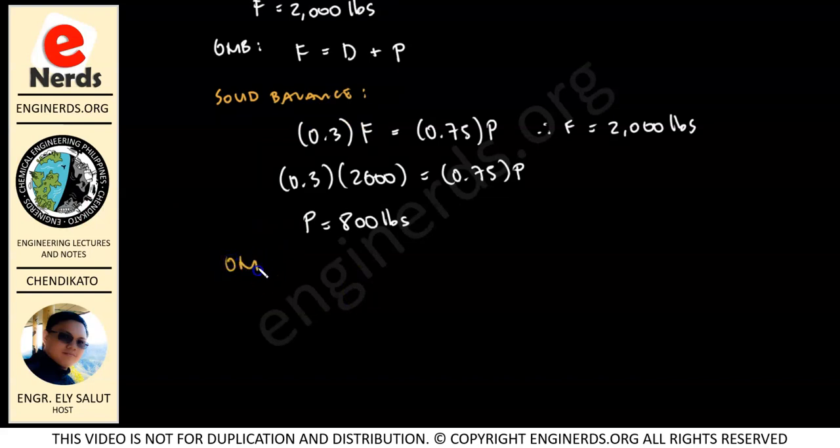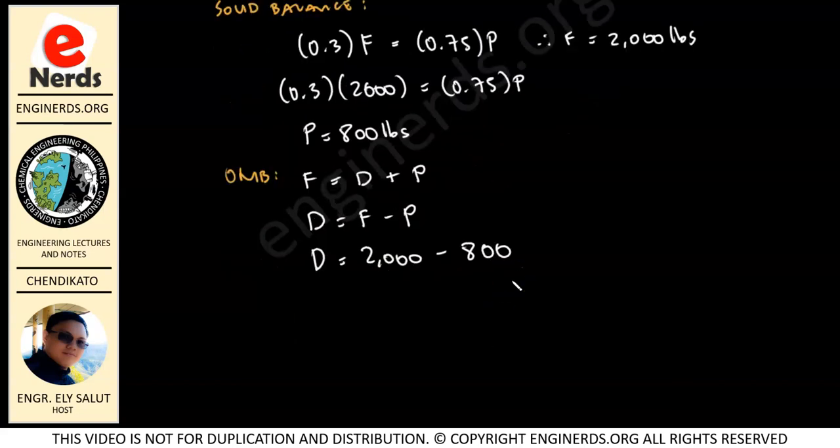So let us again do the overall material balance, OMB, and we know that F is equal to D plus P. We're looking for D in this case, so D is equal to F minus P. D is equal to our F, which is 2,000 pounds, minus our P, which is 800 pounds.